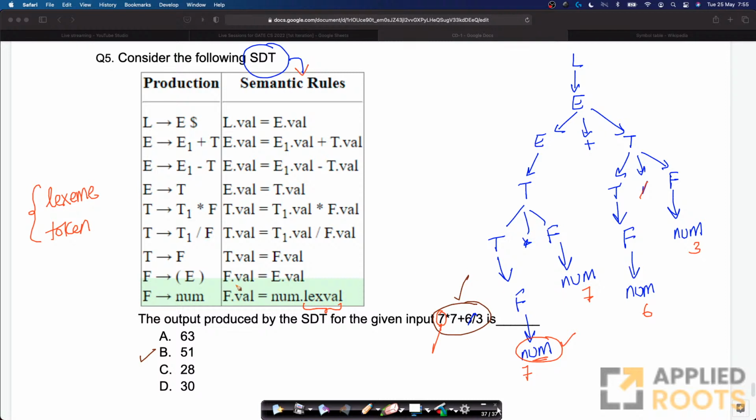Okay, so F.value is E.value. So this is 7, this is 7, this is 6, this is 3. Now T.value, where is T.value? T.value is F.value. So this is 7, this is 7. So when you have multiplication, what does it do? Again, if these rules are changed slightly, instead of multiplication, if somebody gave you division here, that's it.